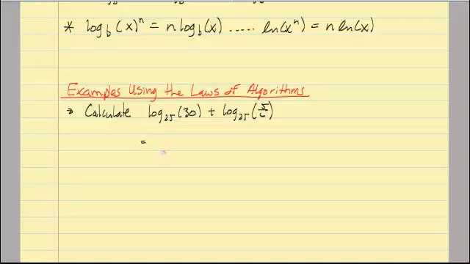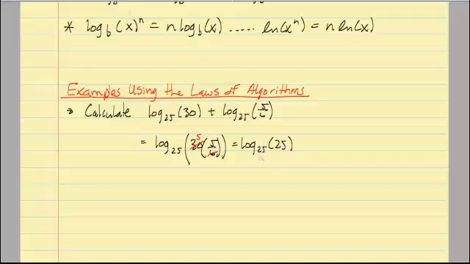So when we rewrite this, this is going to be equal to log base 25, and this only works if both of these bases are the same, of 30 times 5/6. But of course 6 cancels in with 30. 6 goes into 30 five times, so I'm left with log base 25 of 5 times 5, which is 25.